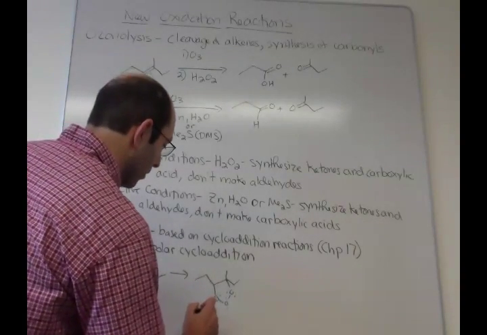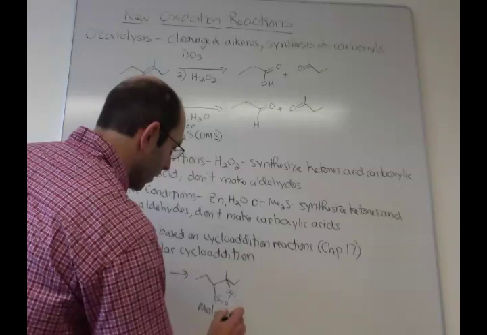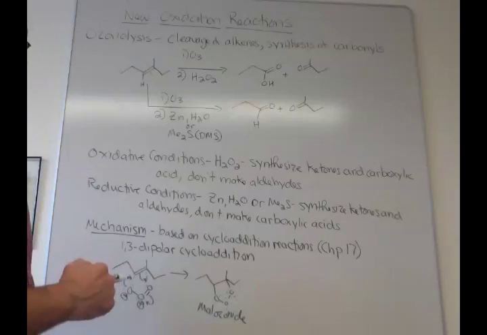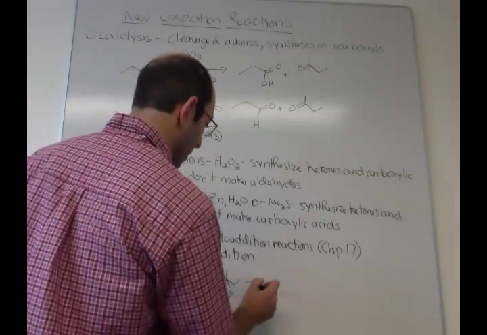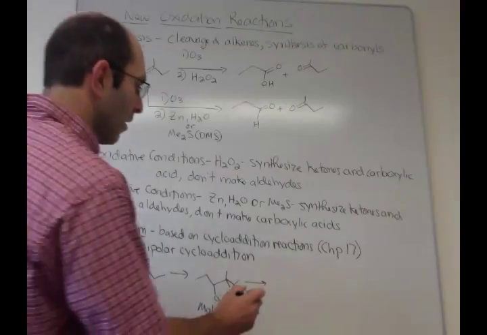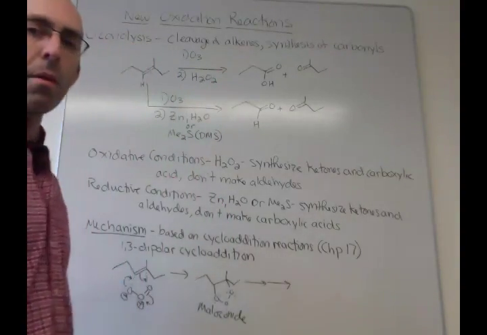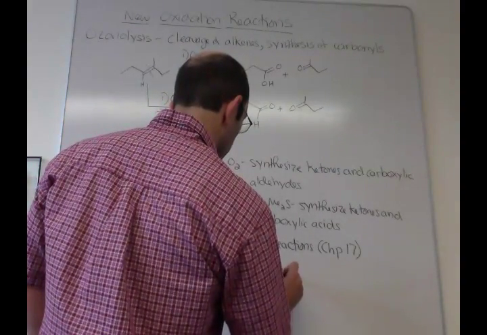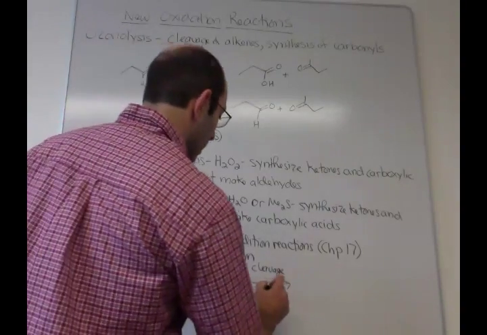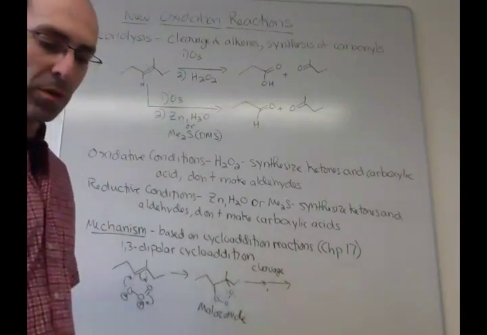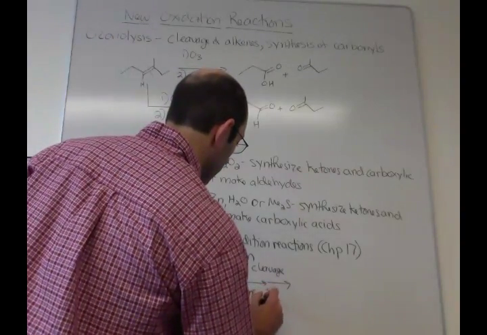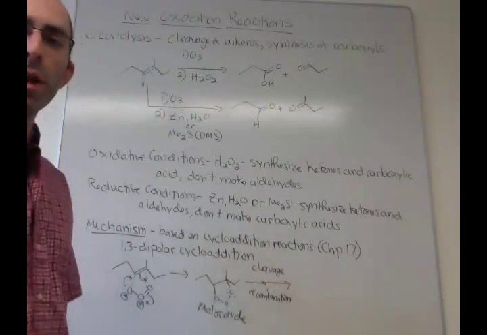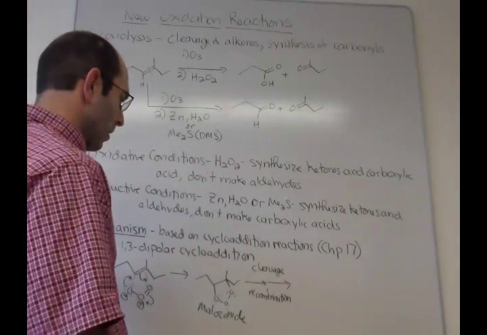This thing is called a molozonide. Mal meaning bad. It's an explosive molecule. It makes doing this reaction a little bit dangerous and interesting. There are 2 more steps that occur that we're not going to worry about right now. This is where the cleavage occurs. So there's going to be something that promotes the cleavage, and then there's recombination. And again, when we get to cycloaddition reactions, we'll talk about this because it might actually mean a little something.